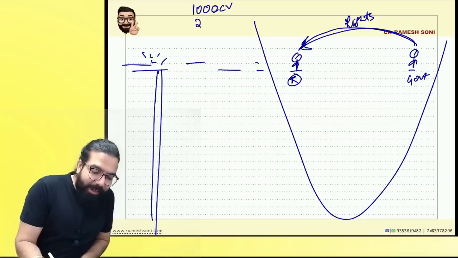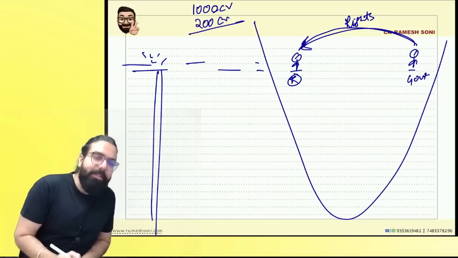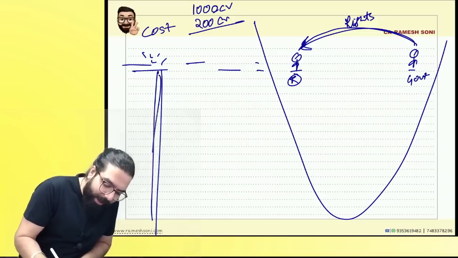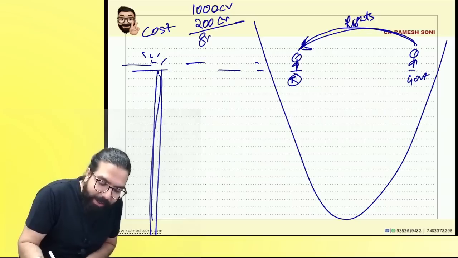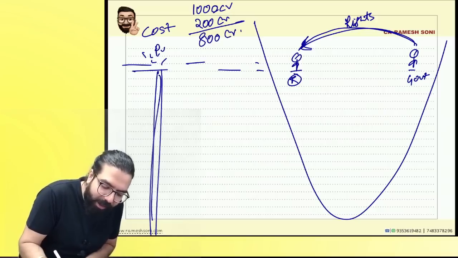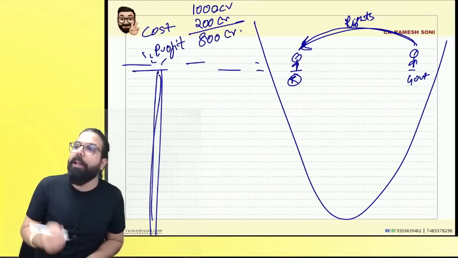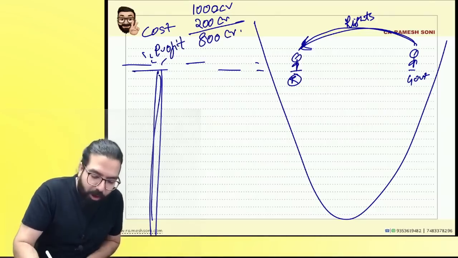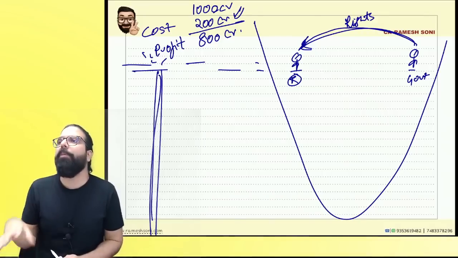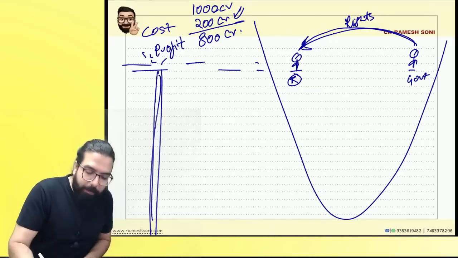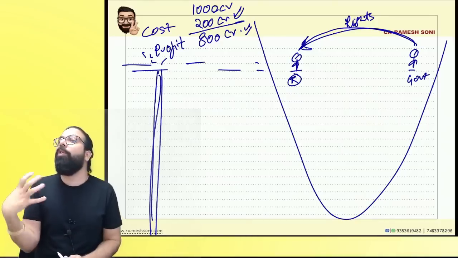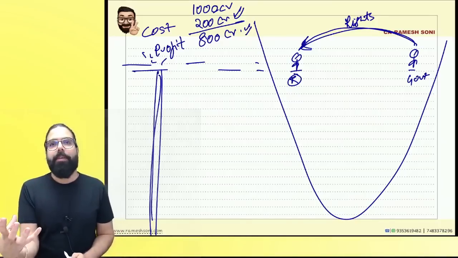For an example, Reliance had spent 200 crore rupees as the cost to dig this and set up everything. Are you guys able to understand? Now, the remaining 800 crore rupees worth of petrol is profit. In a production sharing contract, we call this cost petroleum. Cost petroleum means the amount of petroleum which you can retain to recover your cost. And the remaining amount of petroleum is known as profit petroleum.